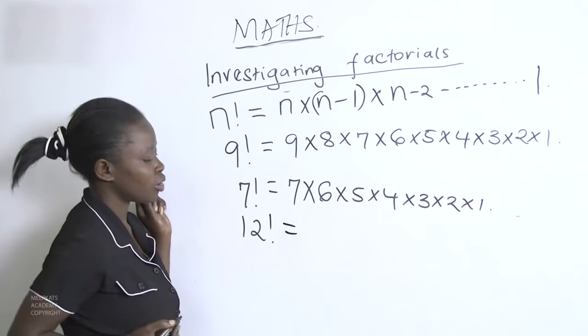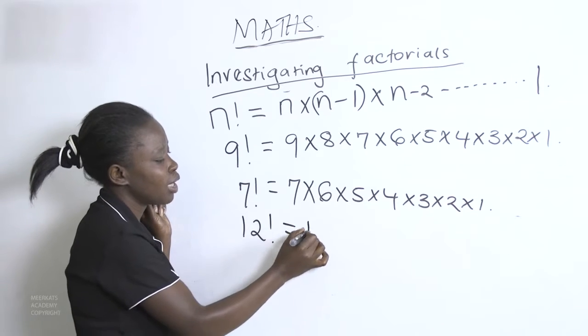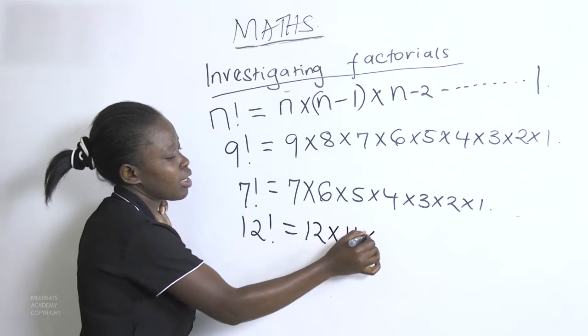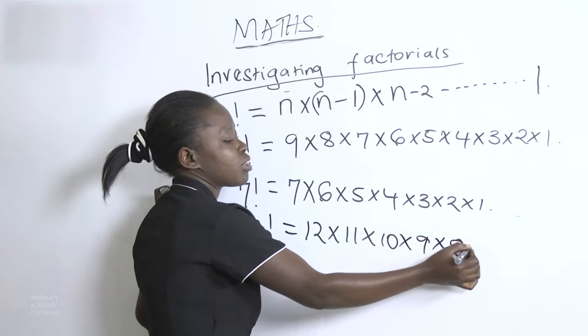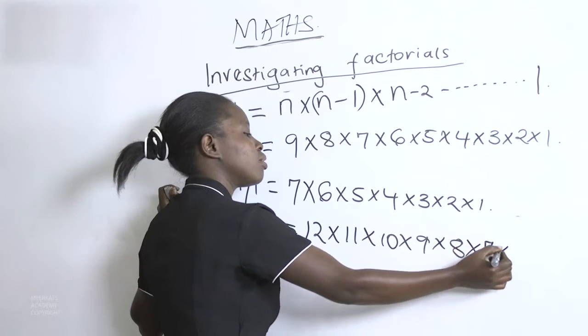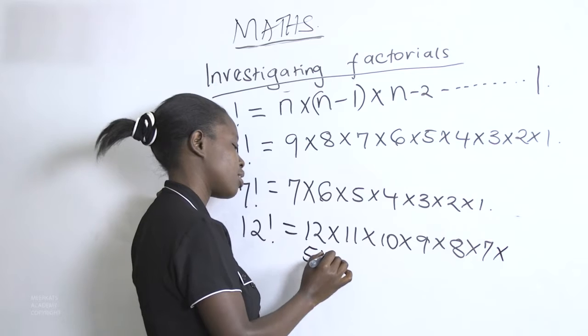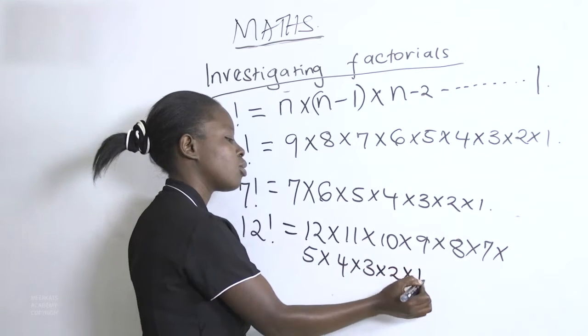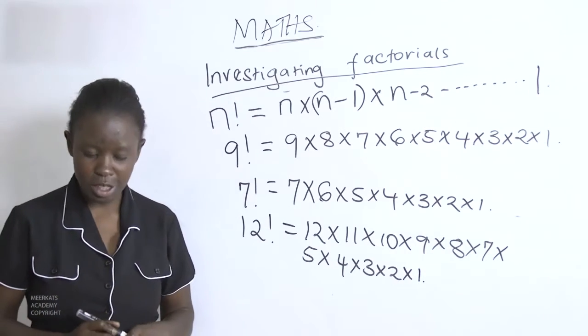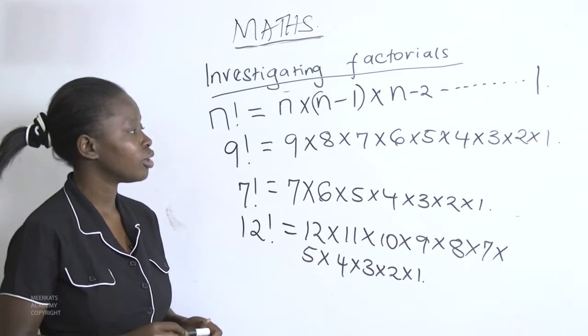So 12 factorial, what does it mean? I'm having 12 times 11 times 10 times 9 times 8 times 7 times 5 times 4 times 3 times 2 times 1. So that is the knowledge on factorials that we need to know.